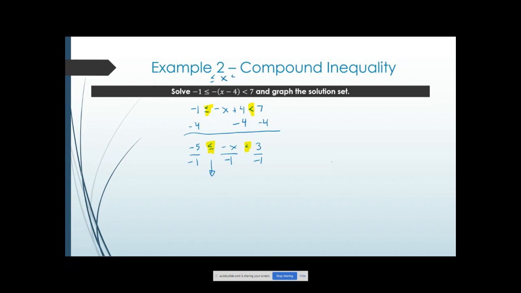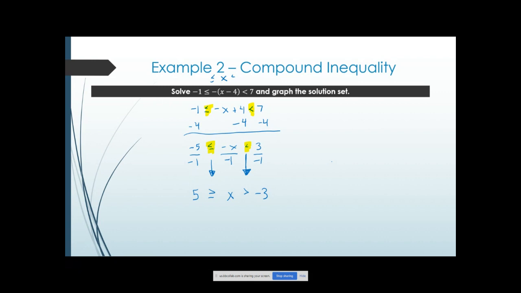So I'm going to just put little arrows down so that you remember to do that. So -5 divided by -1 is 5. Now I have to change the direction. Now I have x, change direction, and -3. So now I have 5 is greater than or equal to x, which is greater than -3.